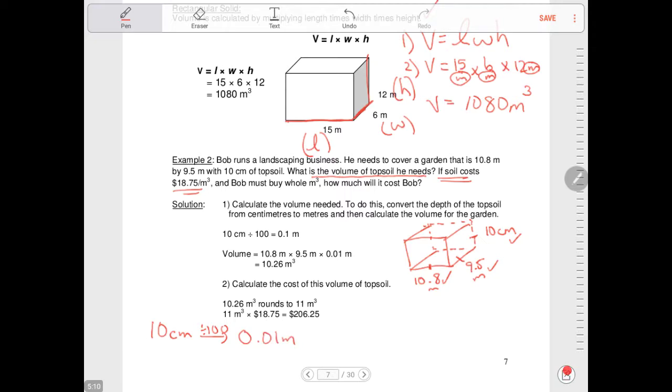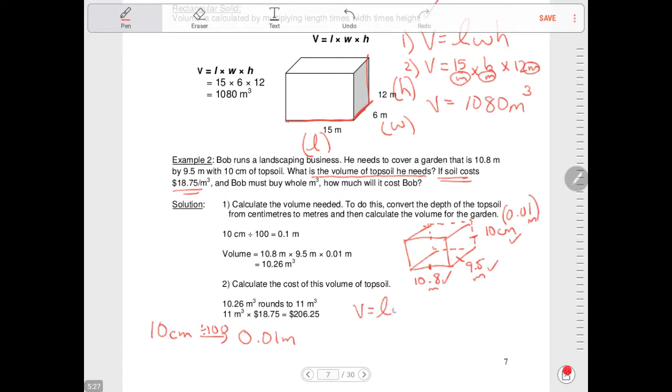Now the ability to convert measurements was done in a previous unit, and I have to move forward with the understanding that you can do this, you're proficient at it now. Now I know that this is 0.01 meters. Now we can calculate our volume.